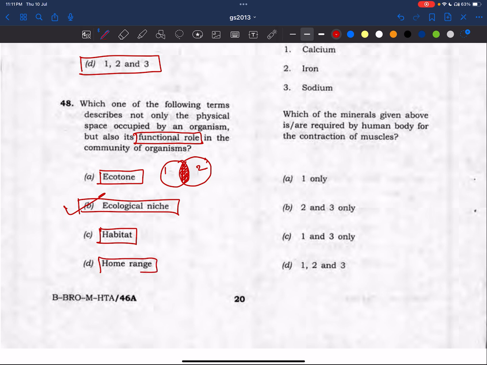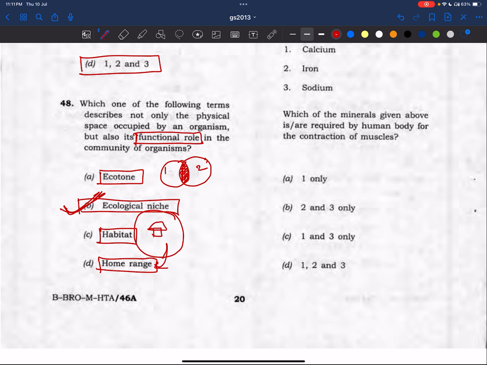Home range is nothing but, see here, this is our home. If you think habitat is our home, home range is the area which any living organism moves, the distance, how much area it covers, is called home range. Right? Answer is B, friends.